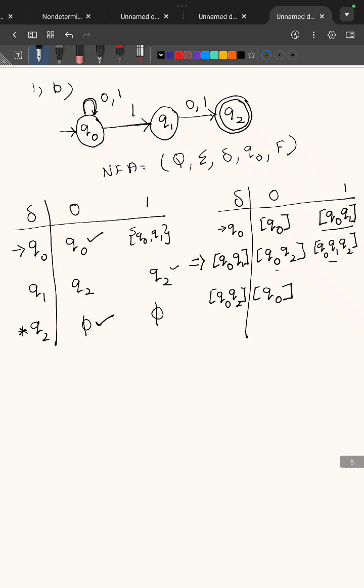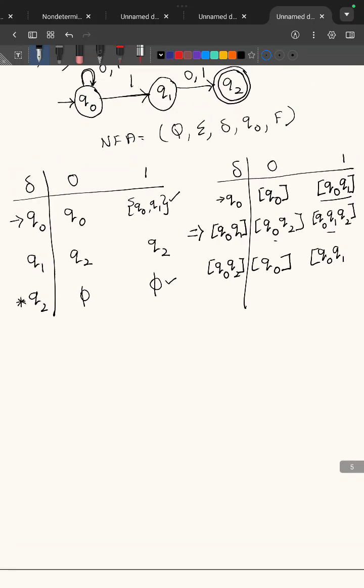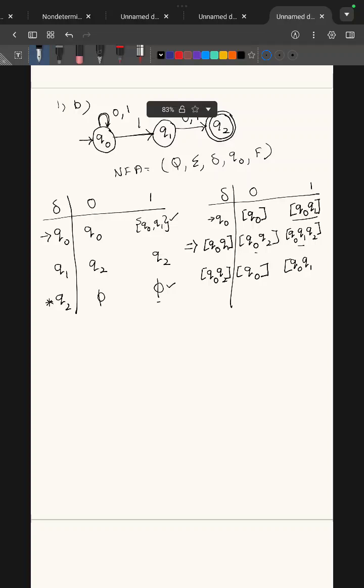You will just write Q0 and close. Similarly Q0 Q2 on 1, we consider this and this. We write Q0 Q1 because of Q0, and for Q2 it is null, so we leave it as it is.